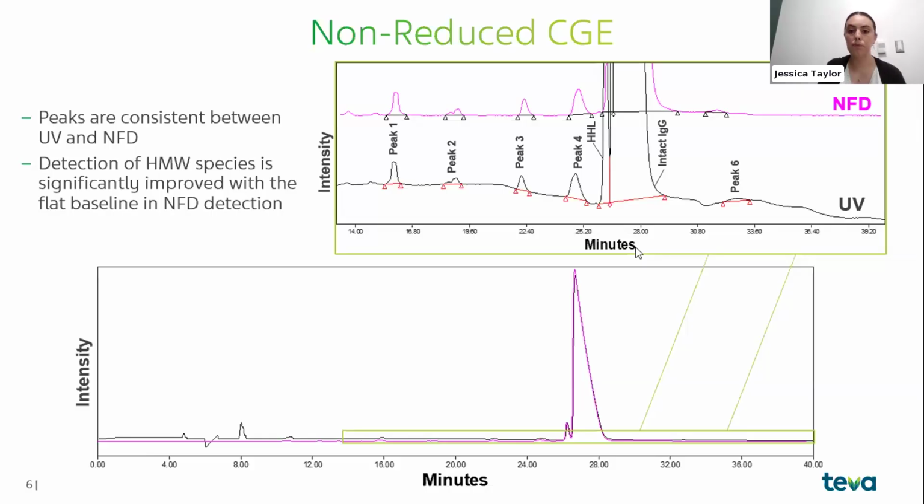For this particular example, if you look at the zoomed electropherogram in the upper right corner of the screen, you can see the UV data in the black trace and the native fluorescence data shown in the pink trace. Now for this sample, you can see that all the minor peaks detected using the UV detector are also visible using the native fluorescence detector.